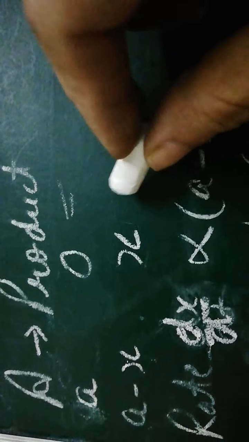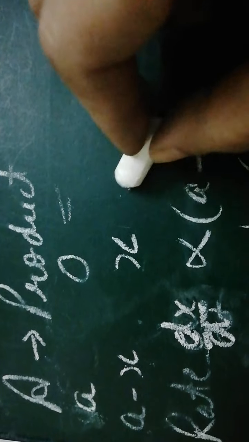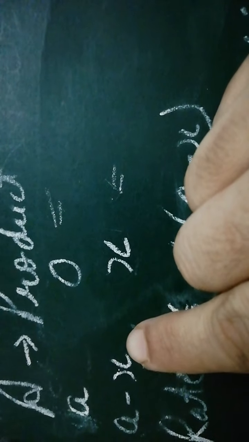So the number of moles of product which are formed is equal to the number of moles of reactants which are decomposed. जितना reactant decompose होगा, product उतना ही बनेगा. So here we are supposing that X moles of reactant is decomposed, so the number of moles of product which is formed is equal to X.